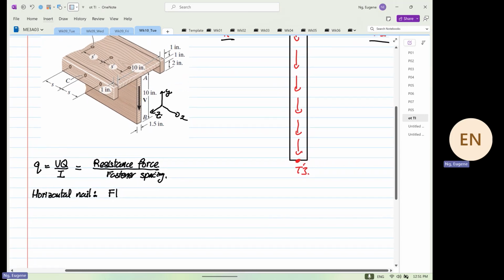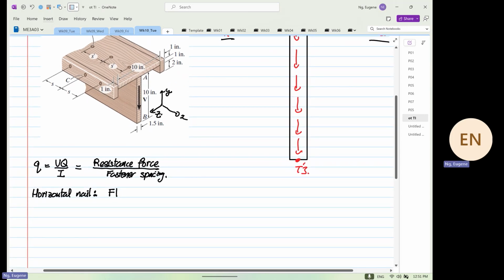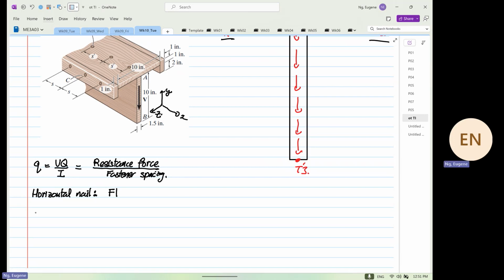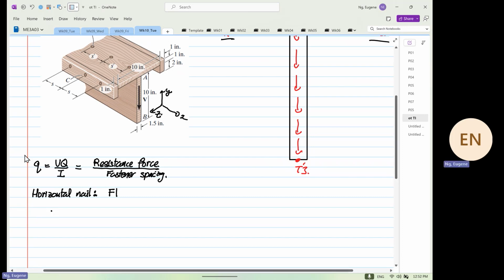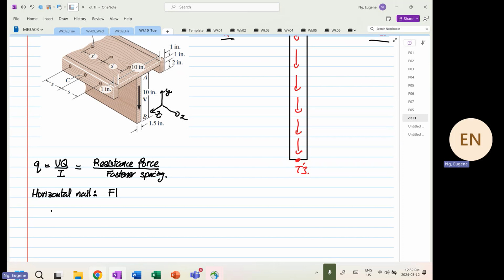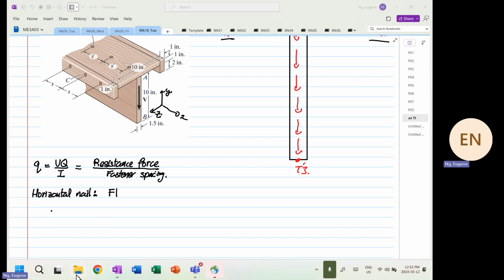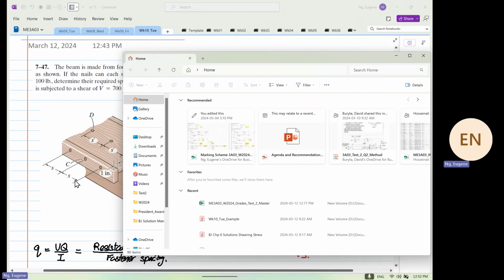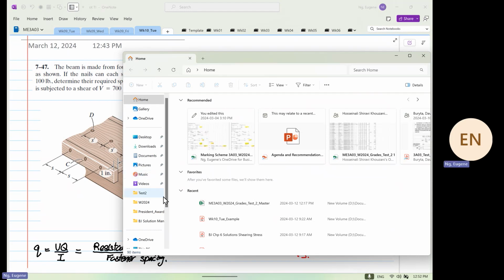So we have to find our I. So we are going to have section. You know what? I'm going to just take from the solution manual. I don't want to waste your time. So bear with me. You're not supposed to see.